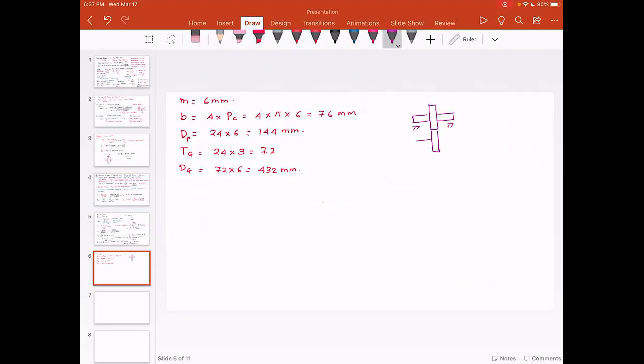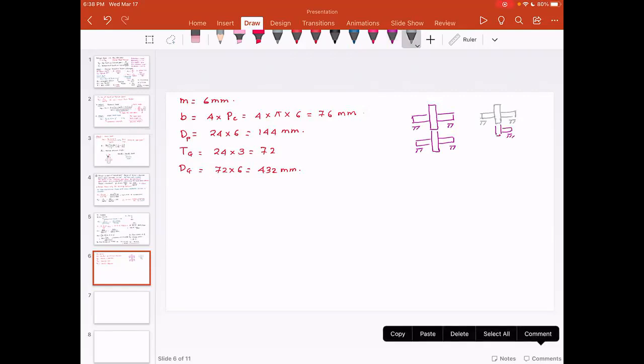So gear and pinion, both of them are simply supported. You can have gear that is simply supported and pinion that is cantilevered, or you could have gear and pinion both cantilevered.